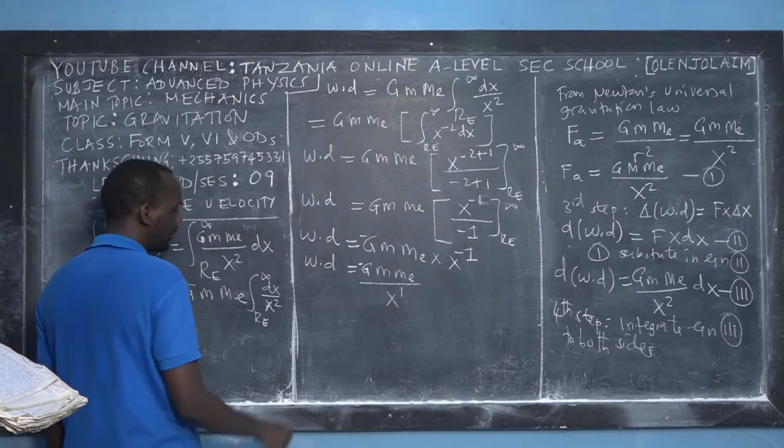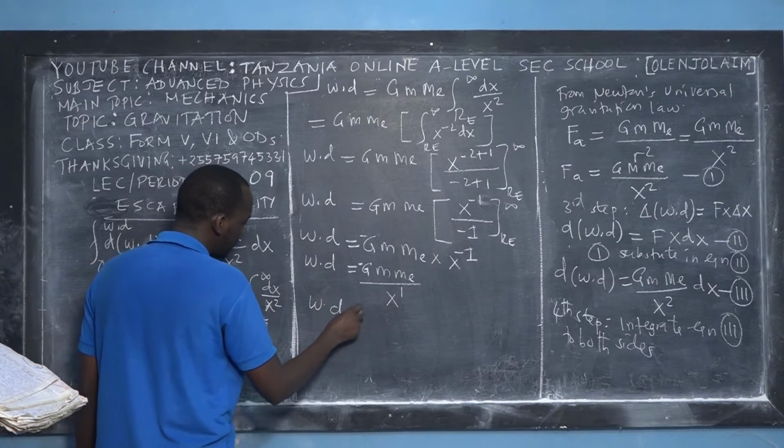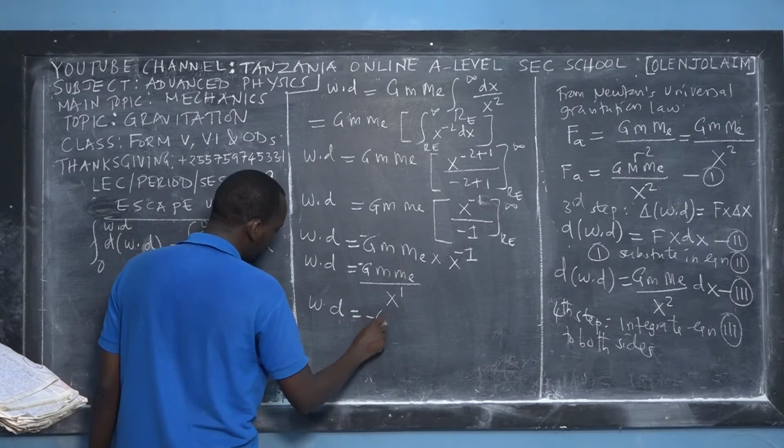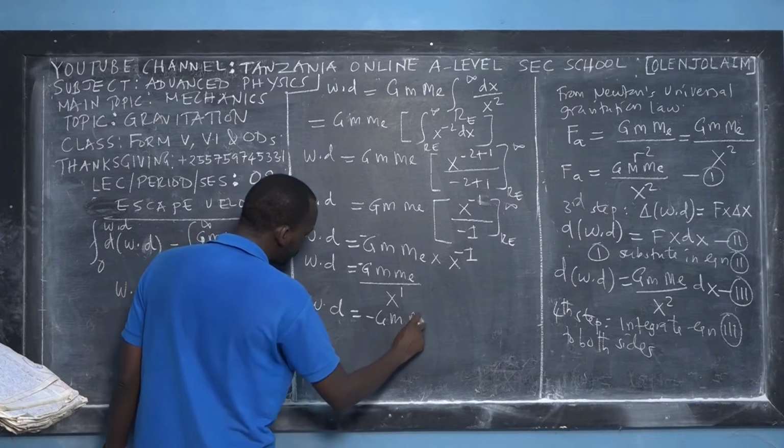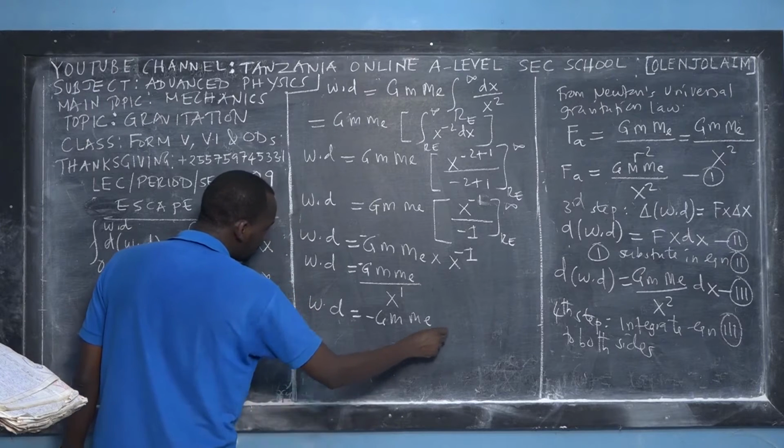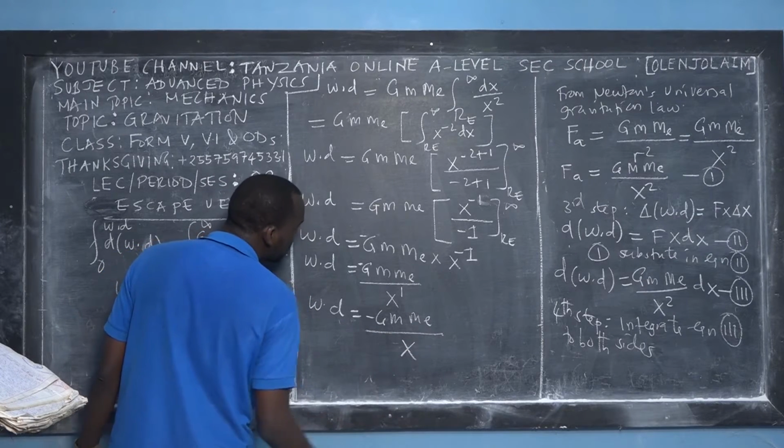So simply this is the work done required to take a body from radius r to infinity: negative G, mass of the body, mass of the Earth, over x power 1.